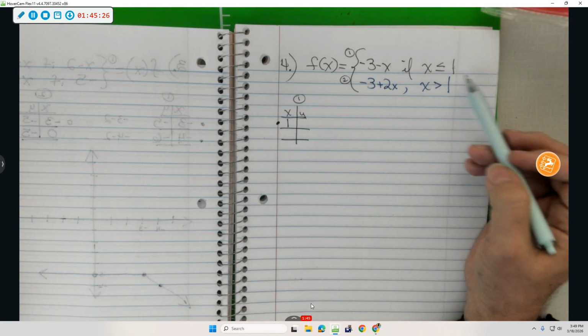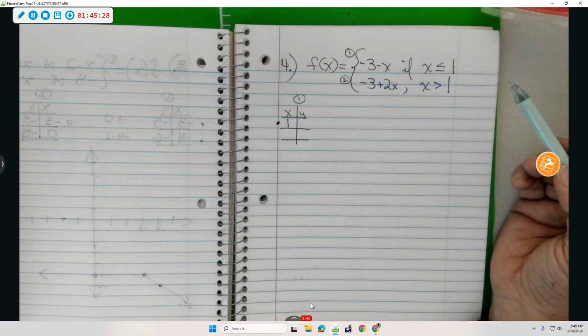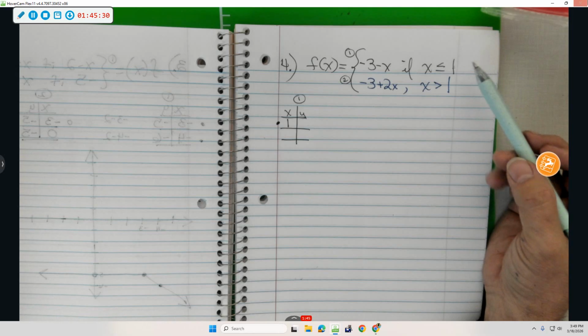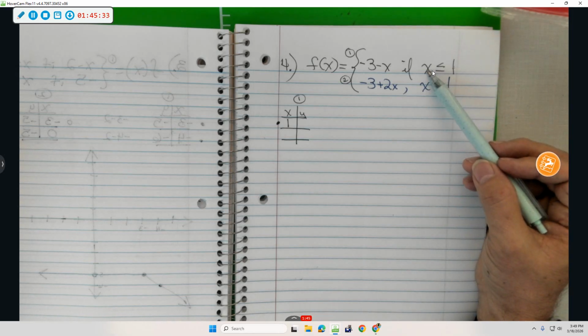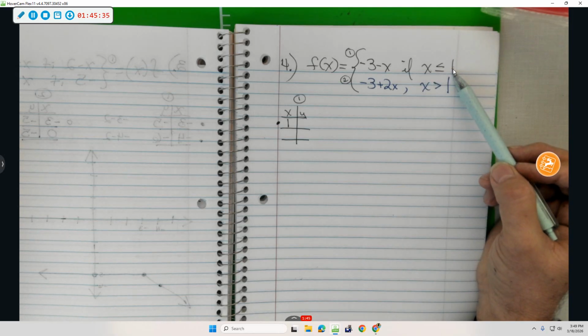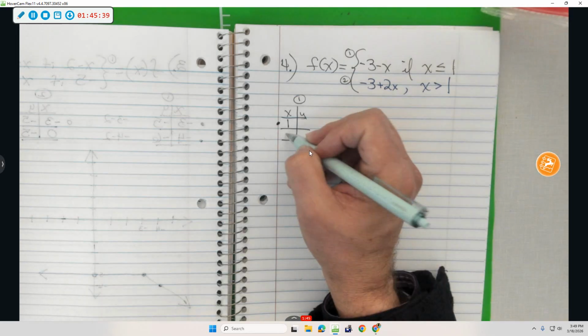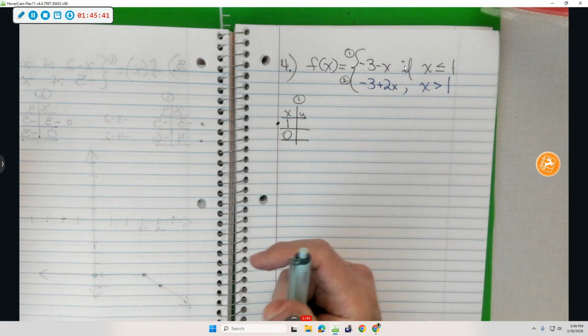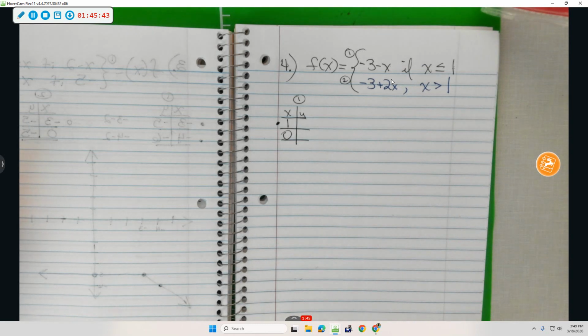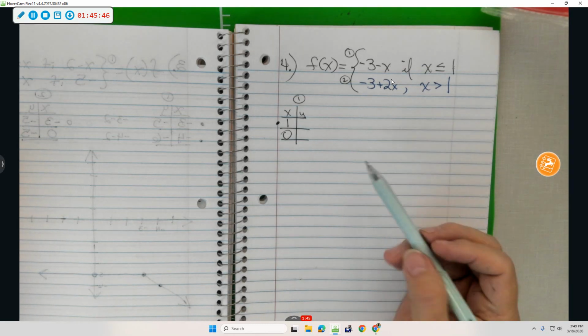We need another x value. Can I use 2? It's a number less than 1, so you better use negative 2. You could use 0, so I'm going to use 0. But negative 2 would be a good thing. It'd give you a bigger graph and more space between.